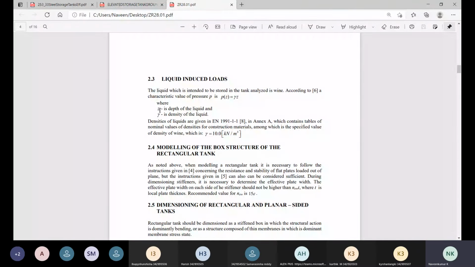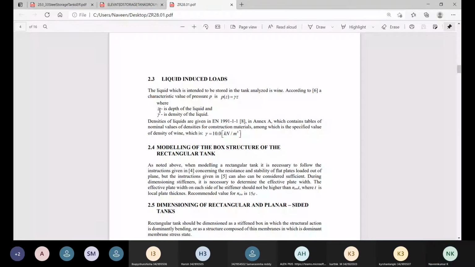You know what is meant by density. You consider the liquid, and different liquid densities are there. For example, for water, the density is 1000 kg per cubic meter. For petroleum products like petrol, the density will be 700 kg per cubic meter.